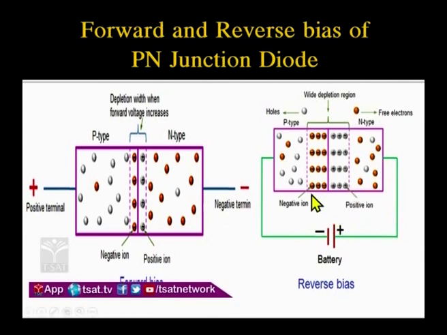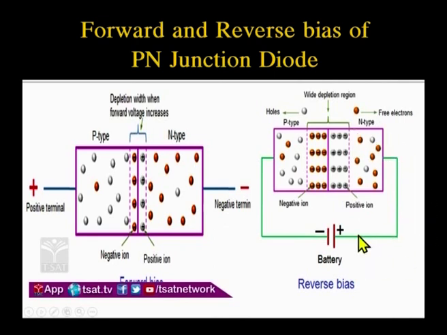And when you apply reverse bias, that means the negative terminal is applied to the p type and the positive terminal is applied to the n type. So these holes will be attracted to the negative terminal and these electrons will be attracted to the positive terminal.